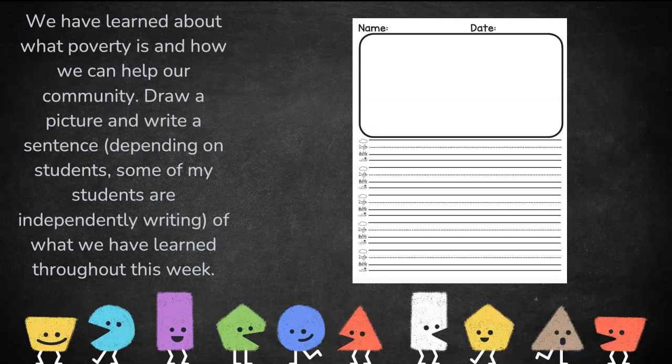And then depending on the student as well, I wouldn't include that many lines. I'd probably include 1 or 2 for my students that are still working on writing sentences. And then my students that are blending and able to write sentences, I would probably give them this paper because I feel like that would be a good amount. But we are still working on letter formation with all of my students because a lot of them are writing big in the lines.